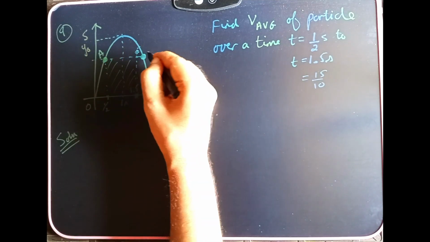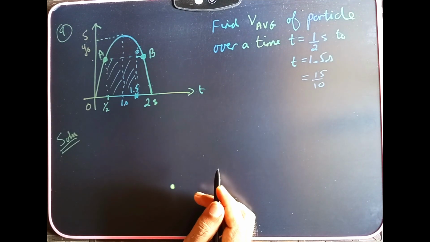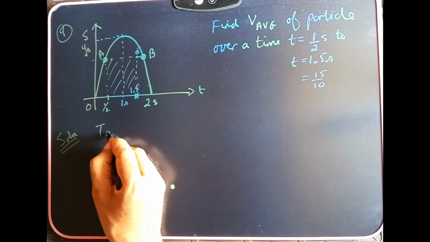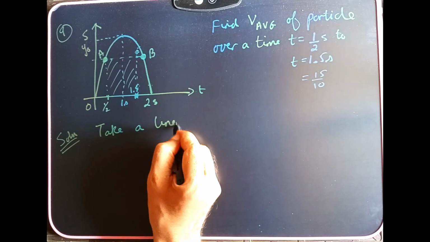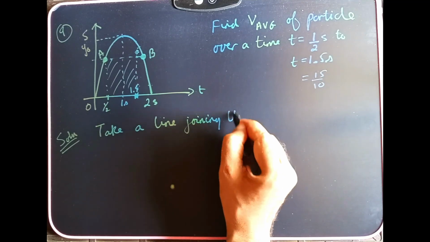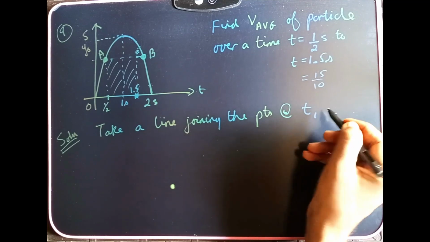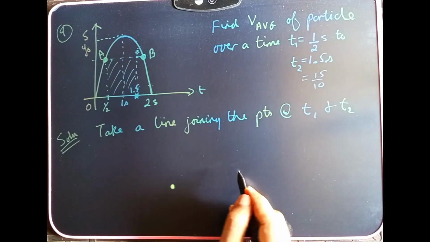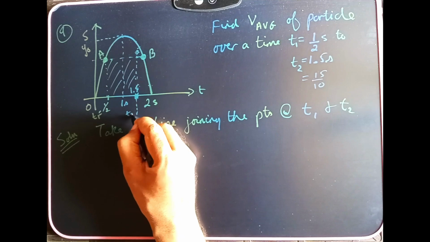This is A and this is B. As you know, from the definition of average velocity, we can take a line joining any 2 points, the points at T1 and T2. This is T1 and this is T2.